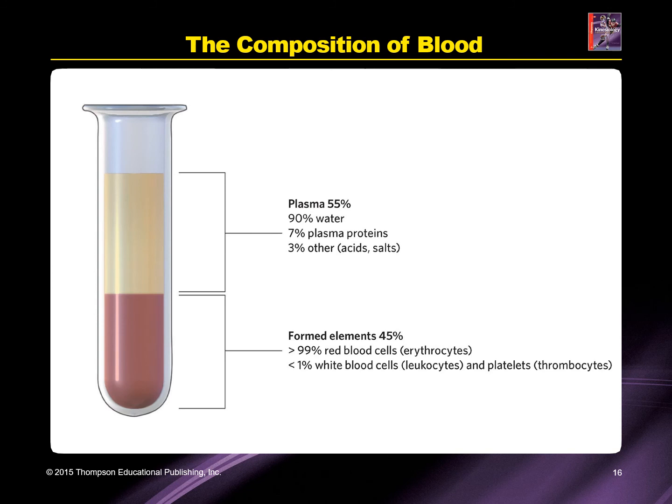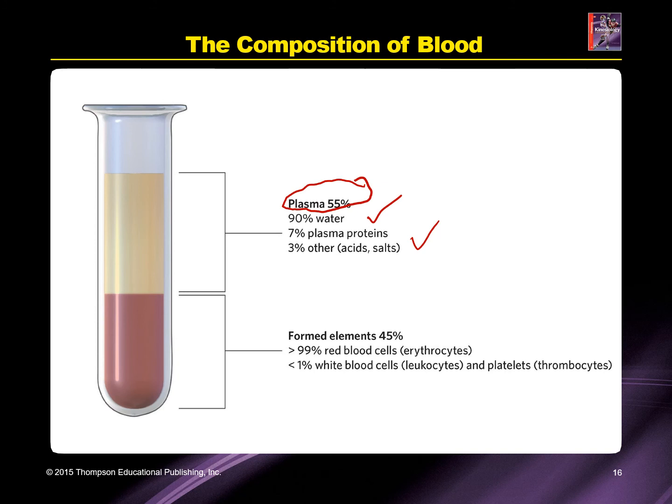Now let's think about the composition of blood real briefly. Blood, obviously liquid. 55% of your blood is plasma, okay? And of that 55%, it's mostly water. That's why hydration is so important. So 90% of your plasma is water, and then you've got some proteins and some other things that are involved in that plasma.